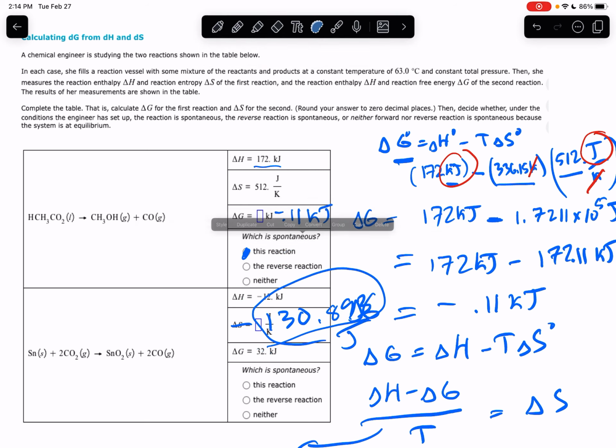I know this is a disaster, but what I do want to look at here is the change in G. They ask whether or not the reaction is spontaneous. If our change in G is positive, this reaction going this direction is not spontaneous. But we know if a reaction is not spontaneous in one direction, it is spontaneous in the other direction. So we know that the answer in this case is that the reverse reaction is spontaneous. Hopefully this has helped.